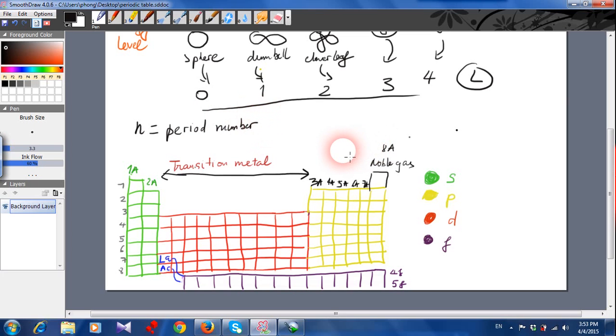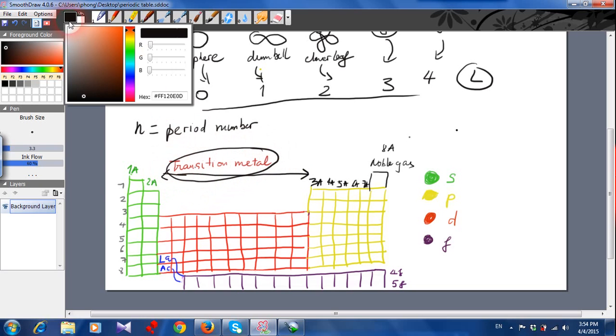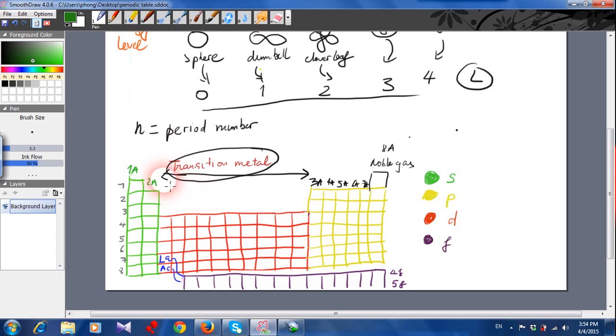But for transition metals, N is equal to the period number minus 1. Because N is the energy level.